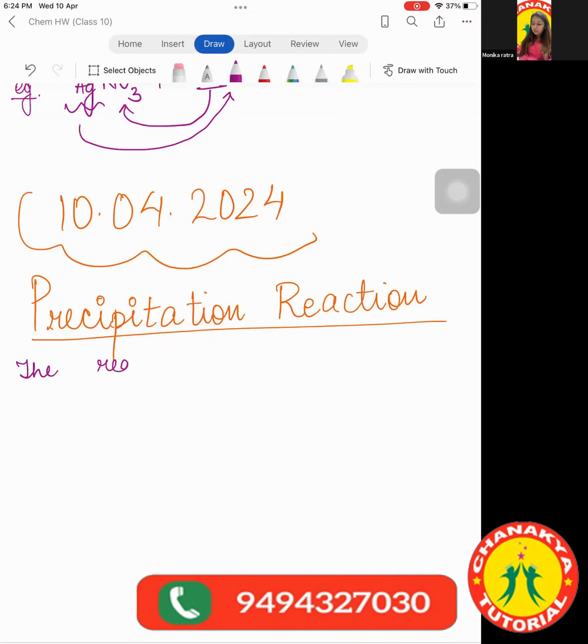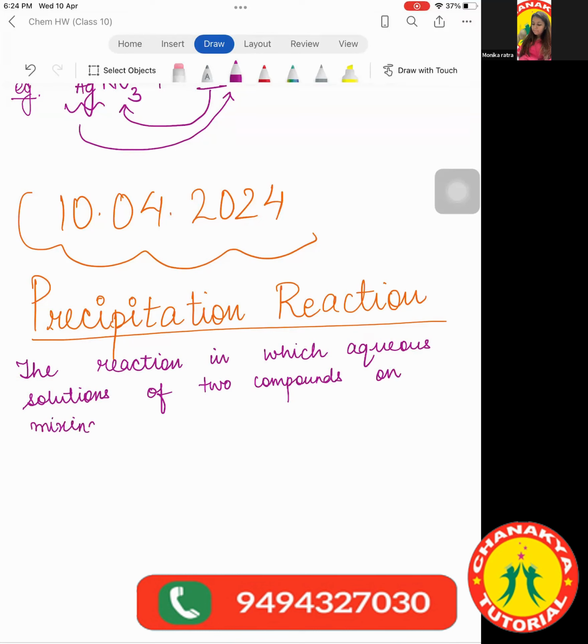So what is a precipitation reaction? The reaction in which aqueous solutions of two compounds on mixing react to form... what it forms is the most important thing in this particular type of reaction.